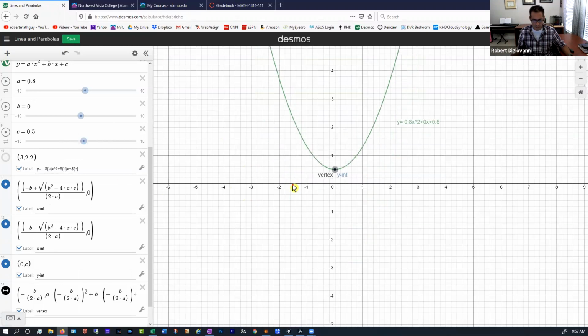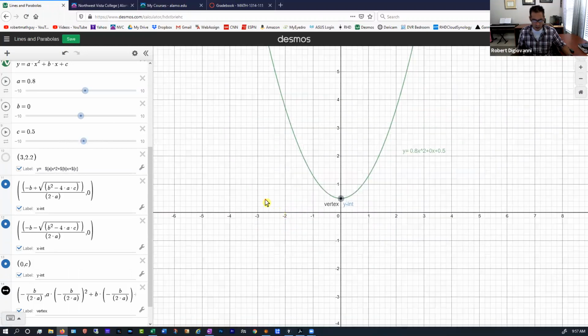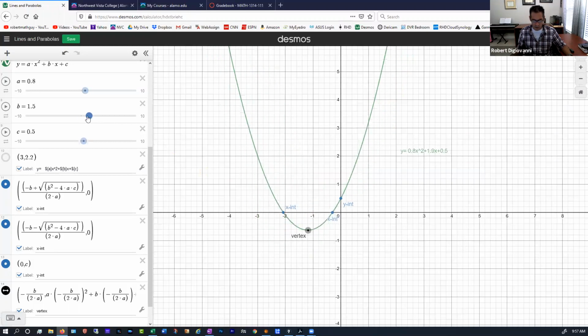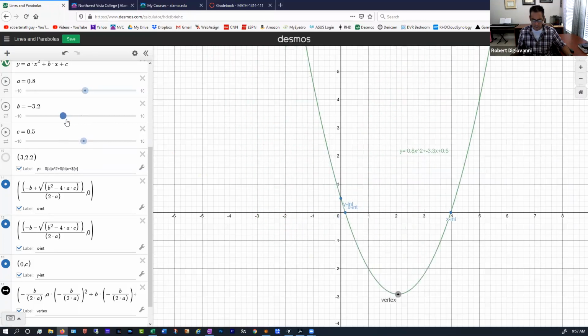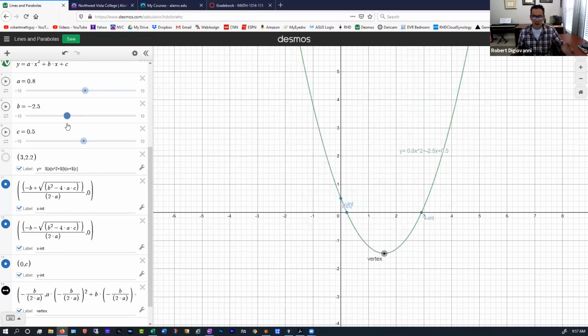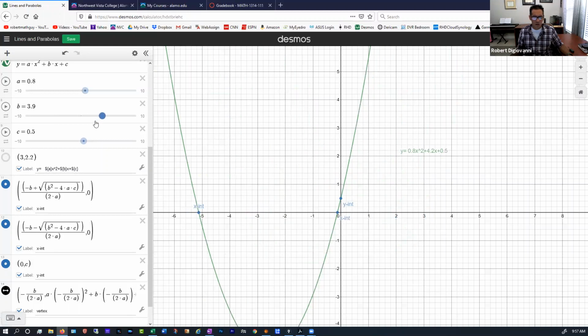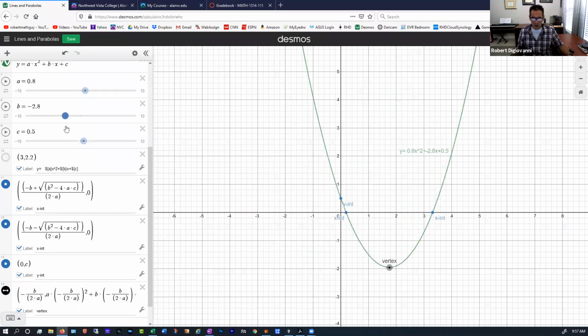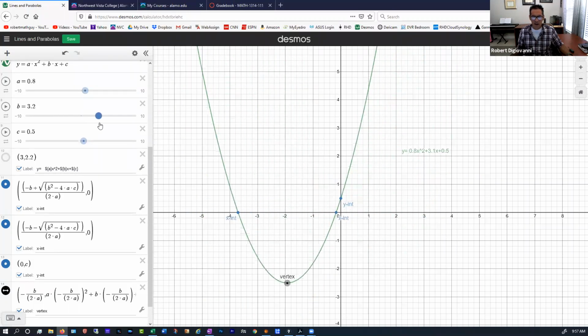I'll just put it here. And now let me try and control the B. Ooh, wait a minute, look. B is doing some weird stuff, isn't it? It's not just moving it left and right, right? There seems to be more involved there. Do y'all agree with that? It's not only moving left and right, it's actually moving kind of up and down too.